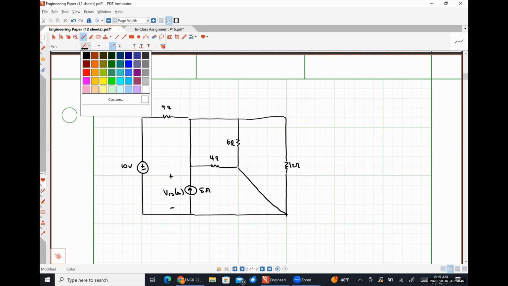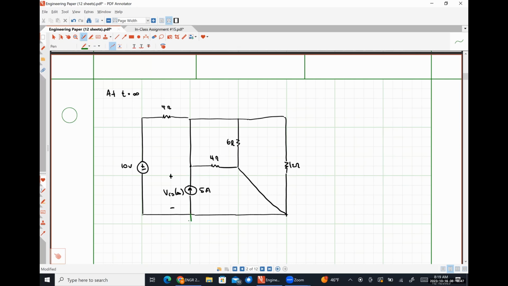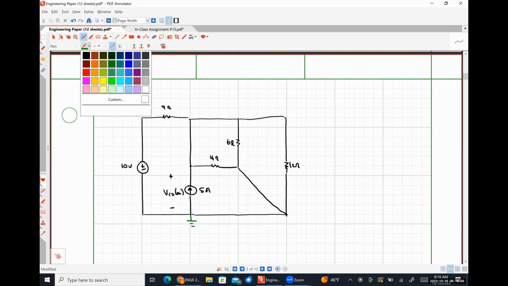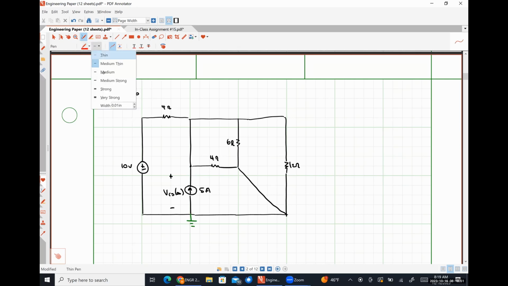So using the bottommost node as ground, I'm just going to run through here and identify things really quickly to make sure we don't make any simple mistakes. So that's my ground node.